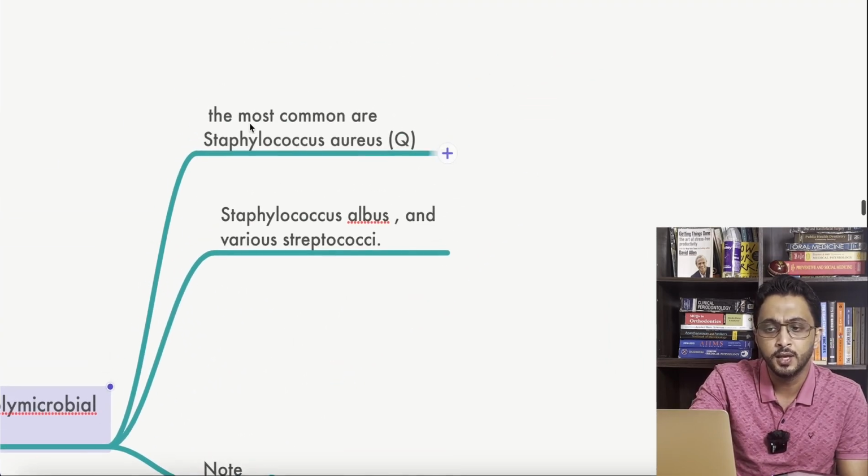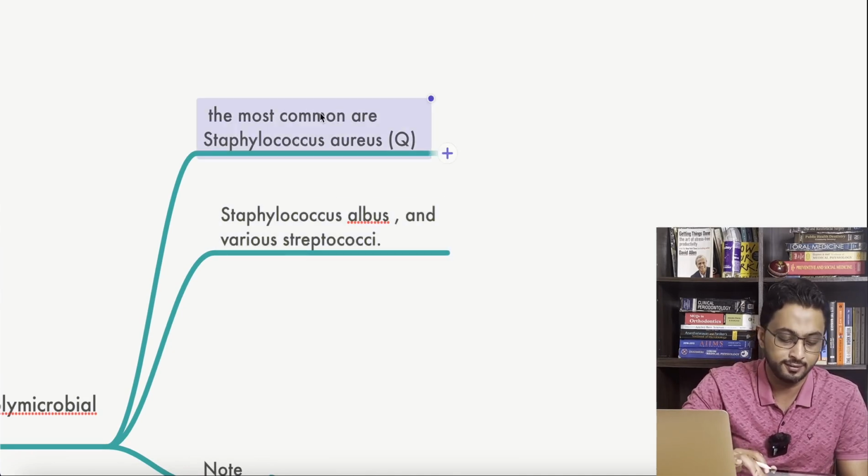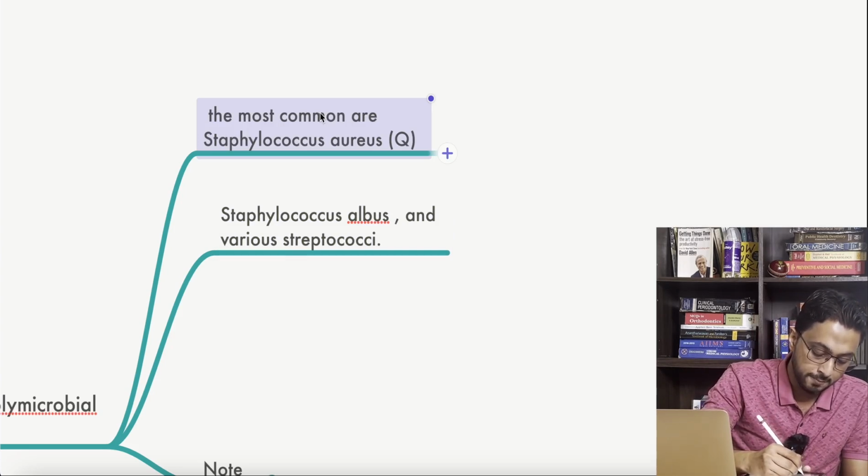The most common causative agent is Staph aureus, Staphylococcus aureus, plus Staph albus and Streptococci. That's the first key point we have to note.